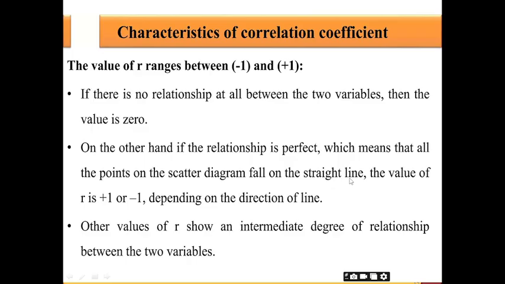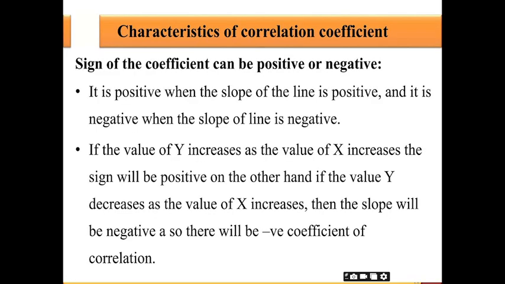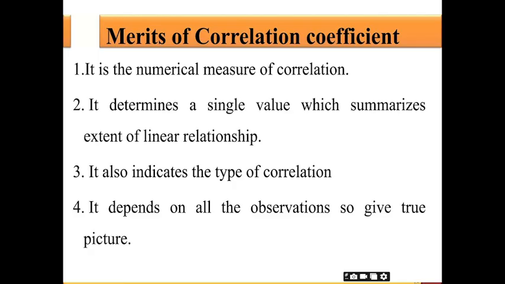The most important thing is r takes the value either plus 1, minus 1, or 0. If it takes plus 1, it is a positive correlation. If it takes minus 1, it is a negative correlation. If it is equal to 0, the variables are not related, not correlated. This shows the same thing, a positive and negative correlation.